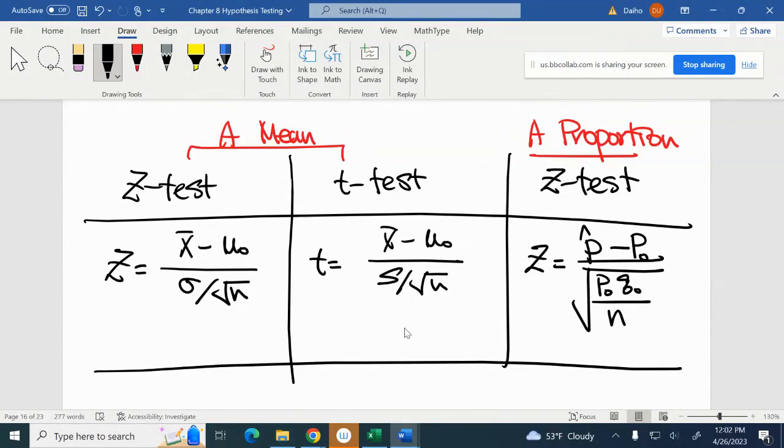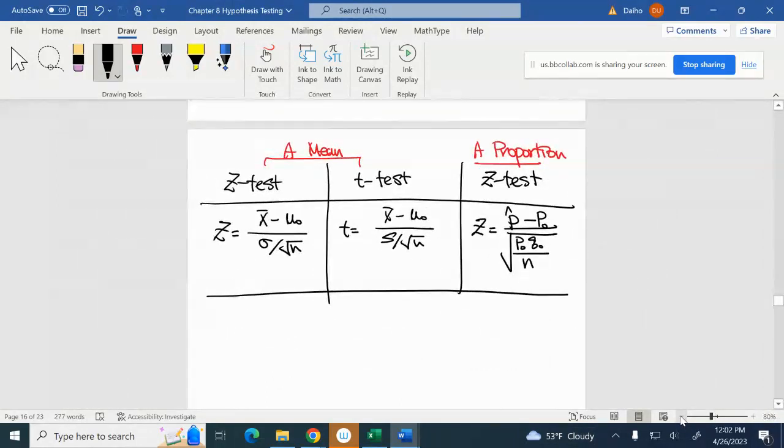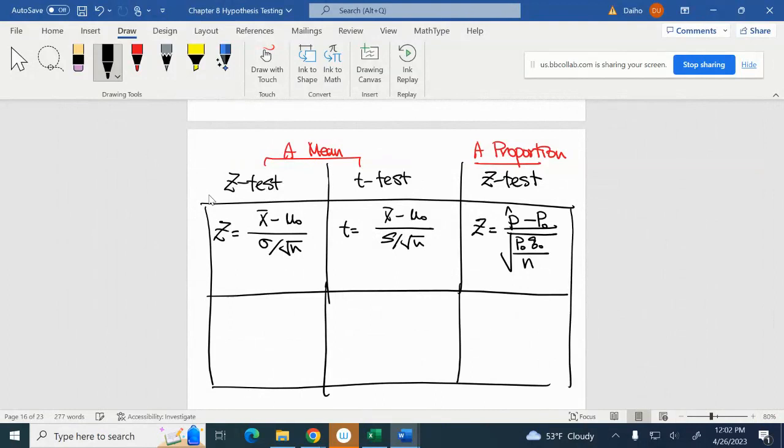So far we have 3 kinds of hypothesis test, right? In chapter 7, we are going to have 6 kinds of them. Remember the 6 kinds of the confidence intervals.